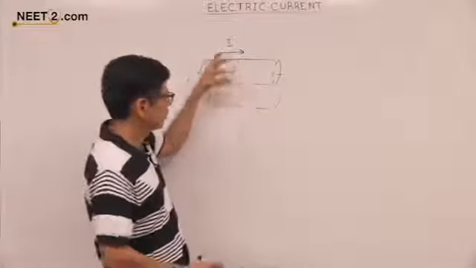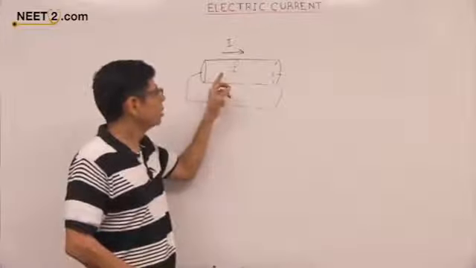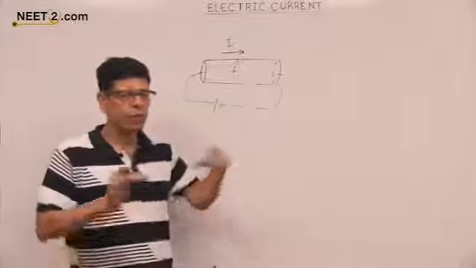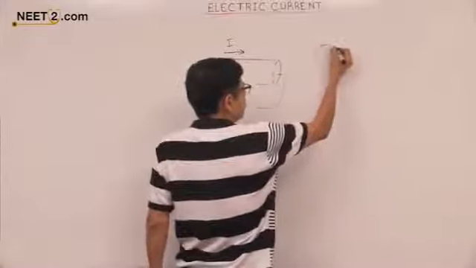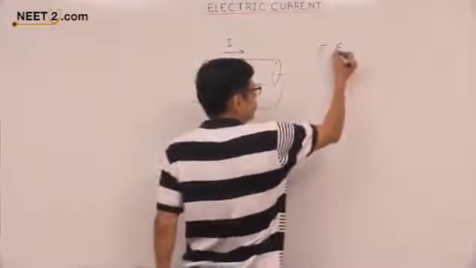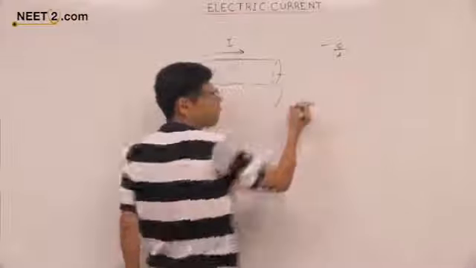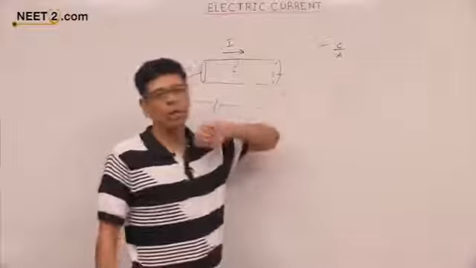Suppose after my investigation, I find out charge is going at this rate. How will I report it? Suppose I say, 5 coulombs is going past this, rushing past this check post per second. Is that a kind of reasonable report? Well, that is what we call current.